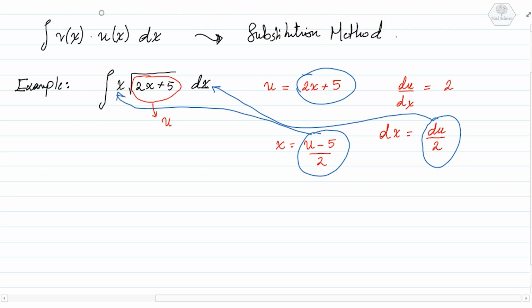Now my integral is the integration of u minus 5 over 2, times 2x plus 5, which we said is u, to the power of half, times dx, which we said is du over 2.